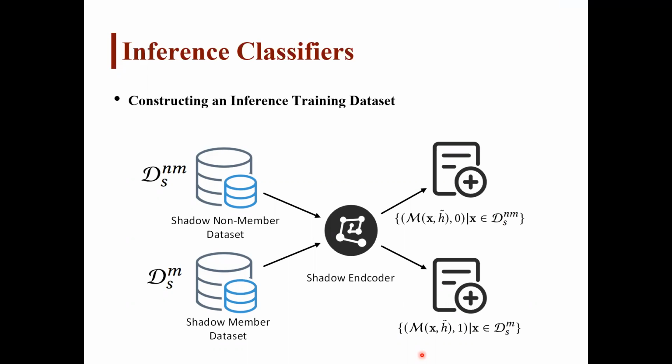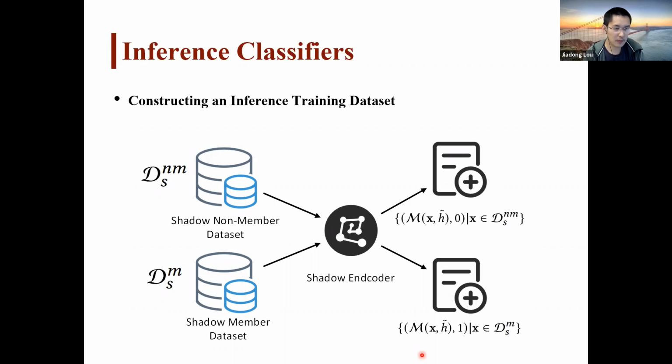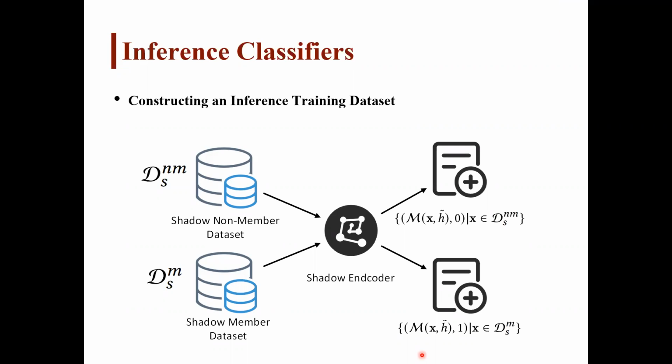Jiadong, I think this may be a little tricky, because in machine learning, a classifier trained on ImageNet can generalize well to CIFAR10, because ImageNet is much larger than CIFAR10. Yes, but they may not share the same distribution. Yeah, but as you mentioned, the target model is trained on CIFAR10, but when they train the shadow encoder, they use ImageNet.